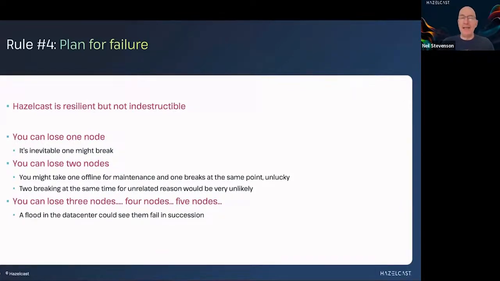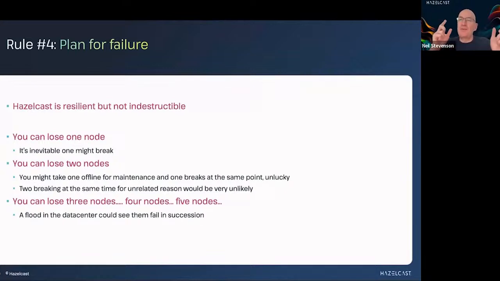Are they all going to fail? Well, it can happen, but it's all about balancing probability. Is one machine going to fail? Absolutely guaranteed, because it happens. What about two at the same time? What's the mean time between failure? 1 in 1,000 days.